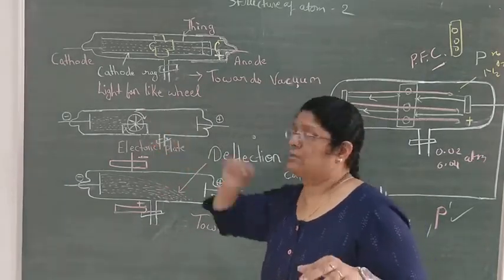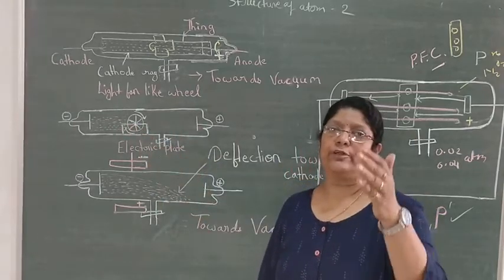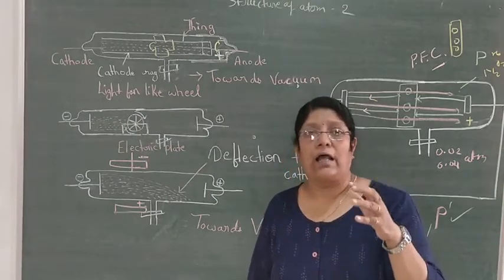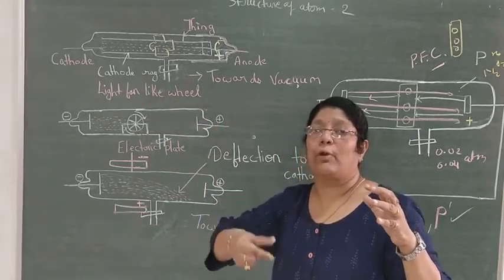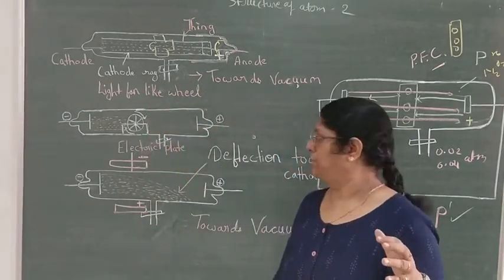The movement of this paddle wheel indicates the mechanical property of anode and cathode rays. That cathode and anode rays are having what? Mechanical property, and that's why this paddle wheel is moving.